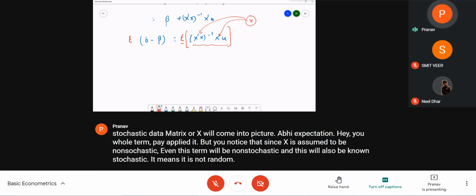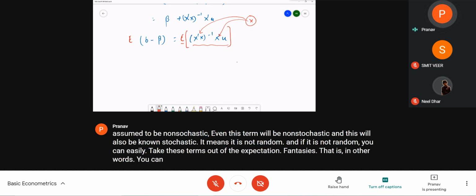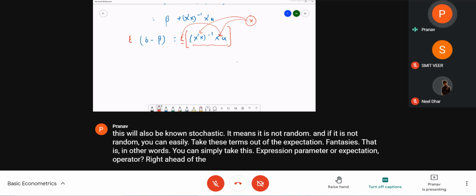And if it is not random, you can easily take these terms out of the expectation parenthesis. That is, in other words, you can simply take this expectation operator right ahead of the only stochastic term in the expression, that is mu.